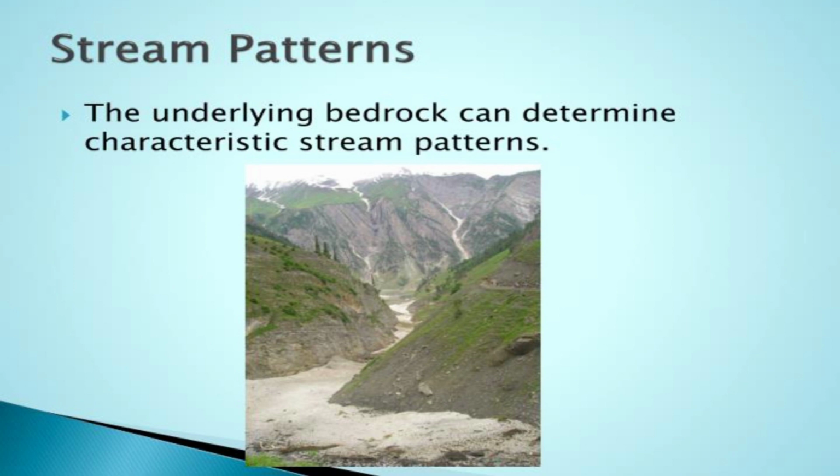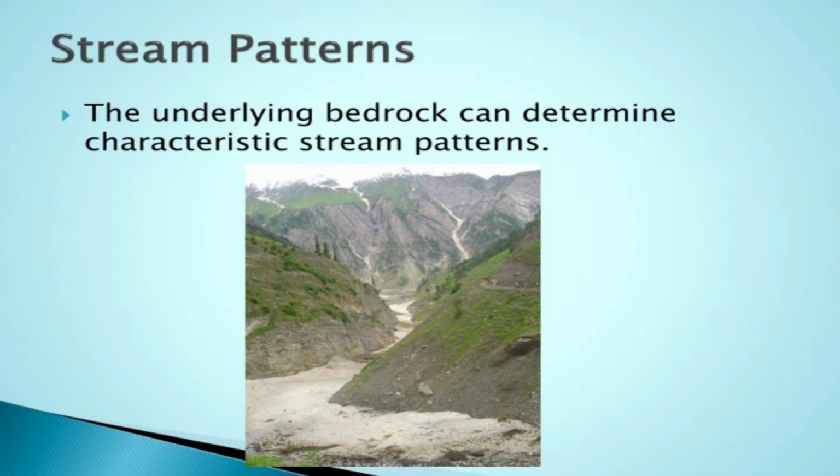Thus, a dendritic pattern is characteristic of terrain of uniform lithology, where faulting and jointing are insignificant, for example massive crystalline rocks or thick clay plains. Because of its branching nature, the stream network has been termed dendritic, from the Greek word dendron, meaning tree.